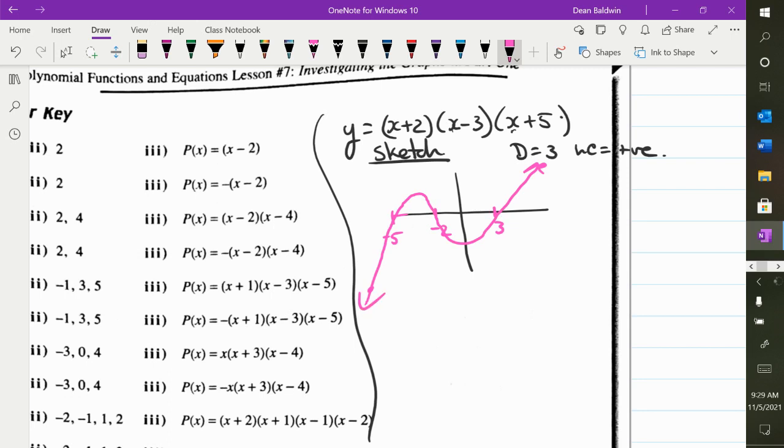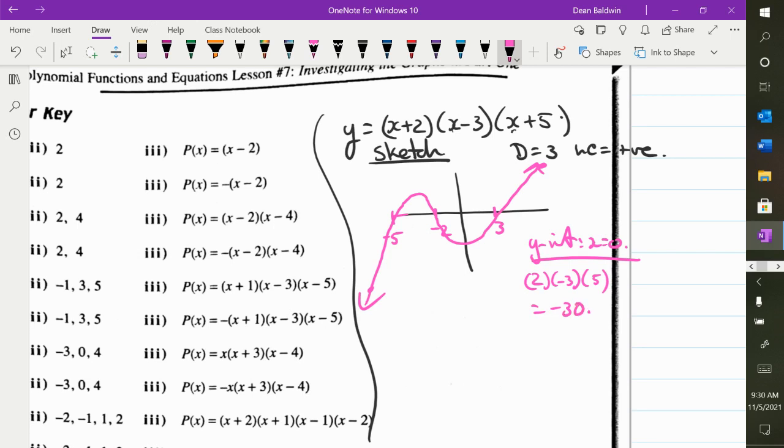So there's the graph. Do we care about the y-intercept? The y-intercept is a way to check to see if you drew the graph correctly. Y-intercept is what? When x is 0. So I put 0 in there. I'm really just going 2 times -3 times 5. What's 2 times -3 times 5? -30.